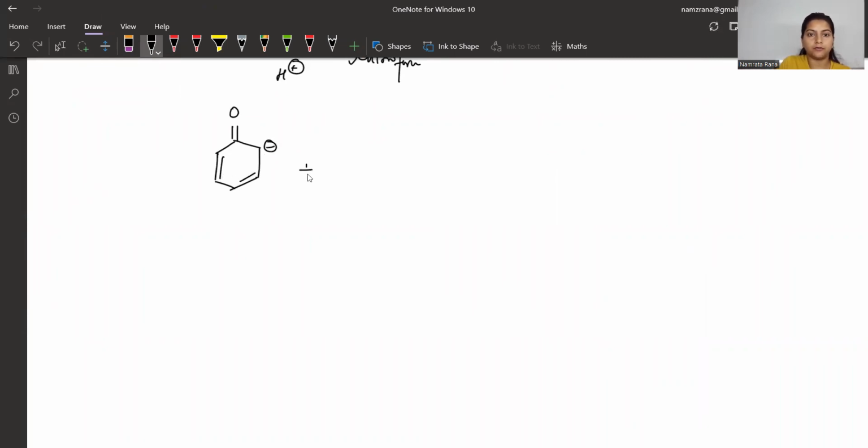And in front of this, CCl2. What is going to happen is this negative anion attacks the carbon to form a species of this kind. Now double bond as it is, this double bond oxygen as it is.